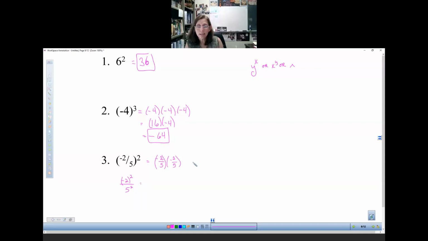Either way, we're going to end up with a negative, and a negative is positive. 5 times 5 is 25. That is my final answer. Same thing here. Negative 2 squared is 4, and 5 squared is 25. So either way you want to think about this, if you're not careful and you put it into your calculator, you're going to get a decimal. So that's why I always want to make sure that you know how to do that without your calculator.